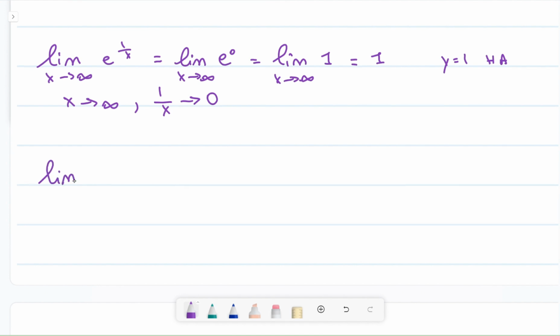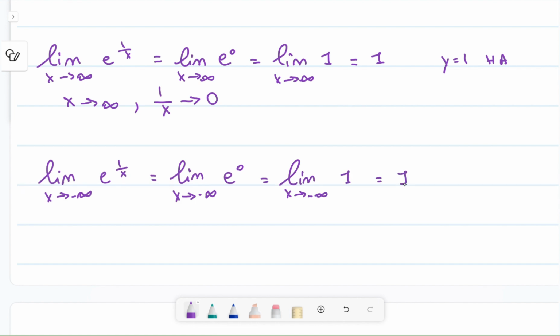Now let's look as we approach negative infinity. As x approaches negative infinity, again 1 over x, so 1 over negative infinity, approaches 0. So this is the limit as x approaches negative infinity of e to the power of 0, which is 1.